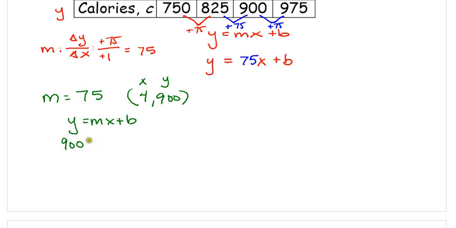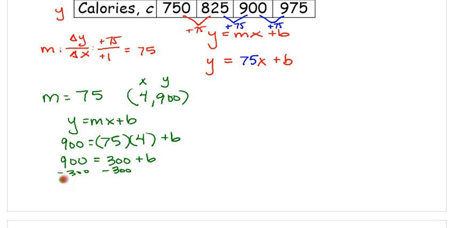Here's 900 equals the slope, which is 75, the x variable, which is 4, and it says plus b. So 900 is equal to 75 times 4. 75 times 2 is 150, 150 times 2 is 300. Subtract 300 from both sides. So b should be equal to 600.